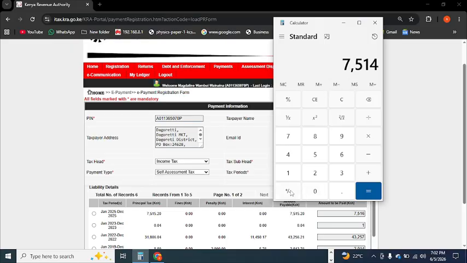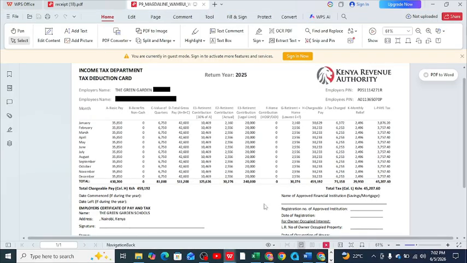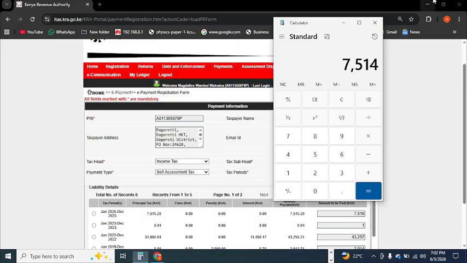When you do the summation of the pay which was supposed to be paid, which we can easily get from the P9 form of this employee, which is here, let me check this. You notice this amount was not remitted to the revenue authority, and that's why it's becoming a tax liability, which will be penalized to the taxpayer because of the negligence of an accountant.